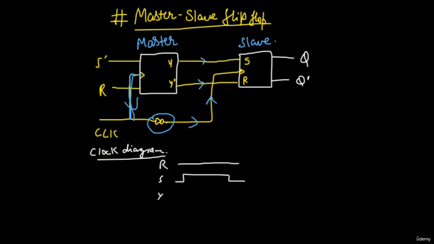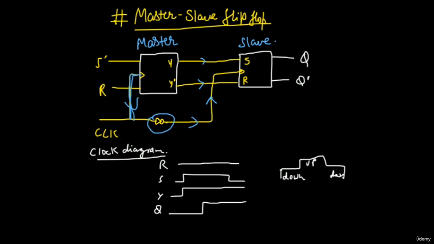For the Y, we are going to have this one. And finally for the Q, we're going to have something like this. Like this one, this shows up and this shows down. So this is also down.